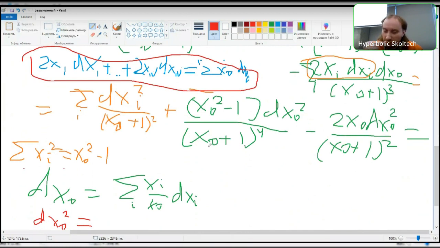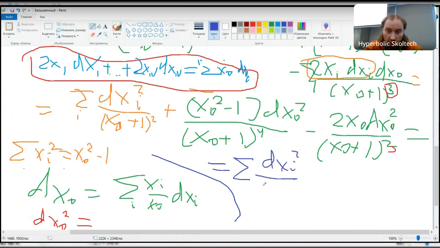So this was what we did. Wait. This is cubed. This was cubed here. Okay, so something will subtract. So we have something like this.